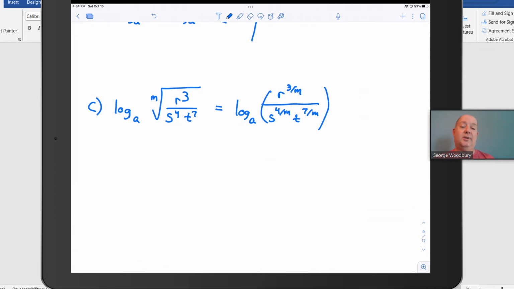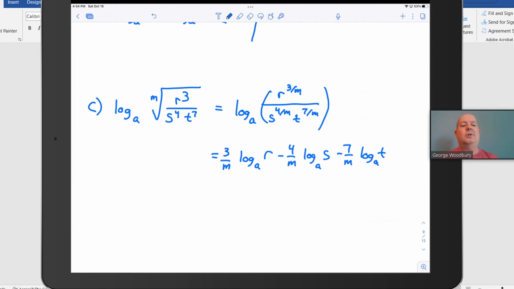Now those exponents, remember, come out as factors. The ones from the numerator are going to be positive. The ones from the denominator are going to be negative. So we get 3 over m log base a of r minus 4 over m log base a of s minus 7 over m log base a of t.